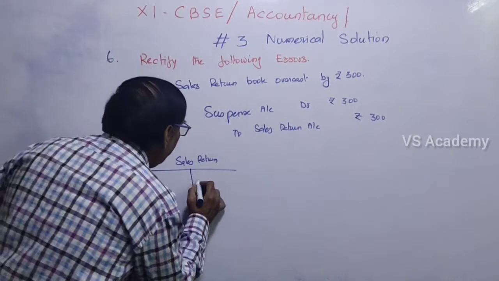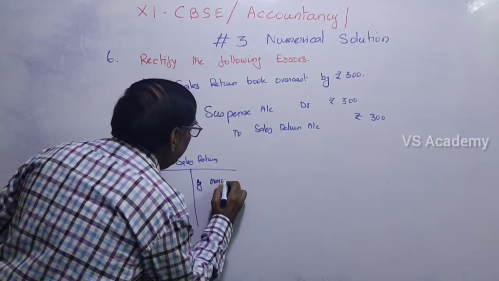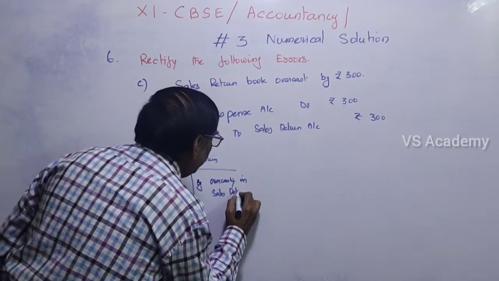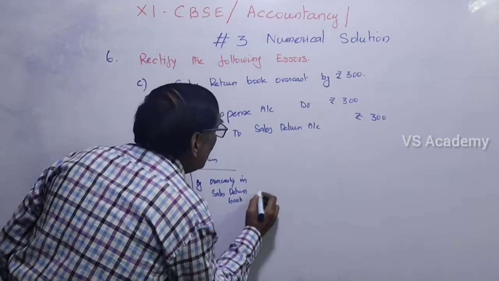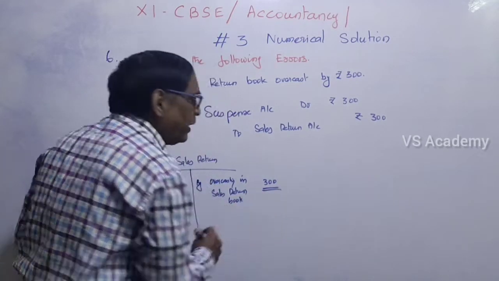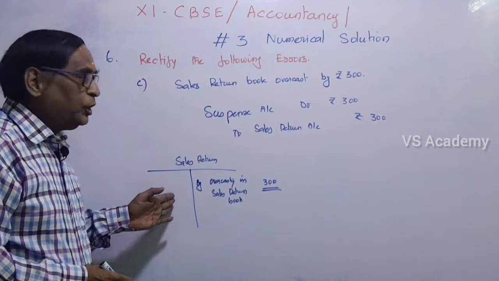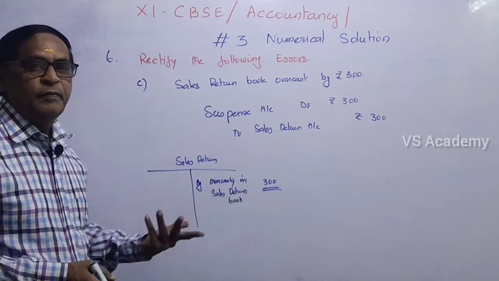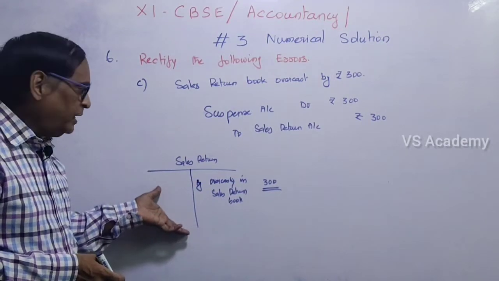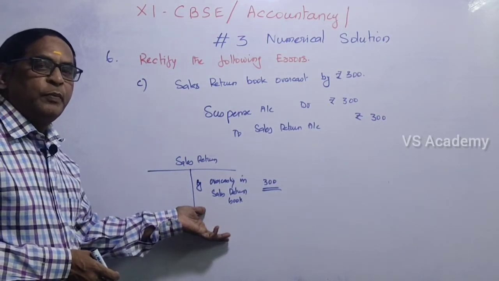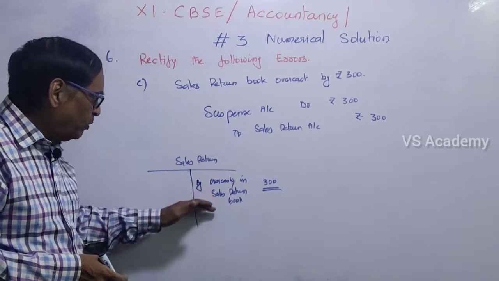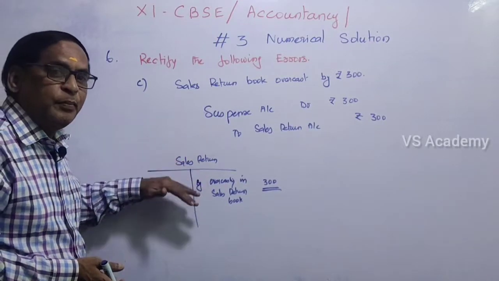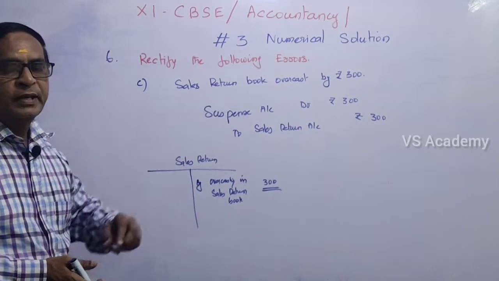So by overcasting in sales return book, you have to write amount 300 rupees. For example, instead of 1000 you have entered 1300 rupees. If you enter 300 rupees here, then it will be tallied. So the rectification entry is one more entry in the credit side of the sales return account by overcasting in sales return book rupees 300. So this is before trial balance. This one is after trial balance.